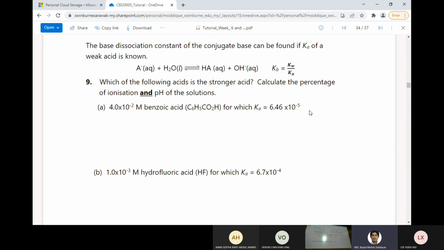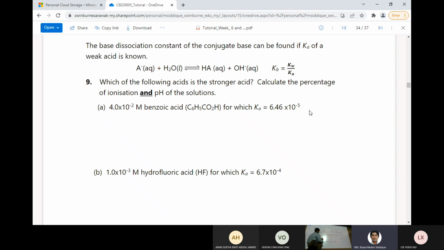But after some time, after a few minutes, that is the change, an X amount has been dissociated. So negative X. X has been dissociated from the original concentration of the solution.